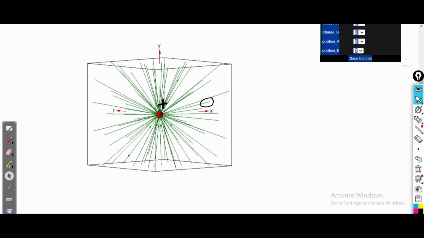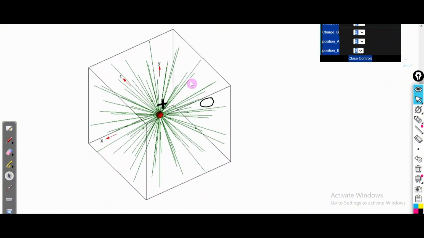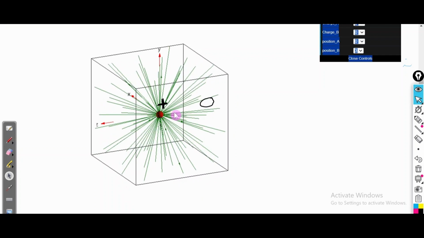The direction of this electric field line is outward. These lines extend up to some region, not across the whole board or the whole screen, but it is confined up to this border.